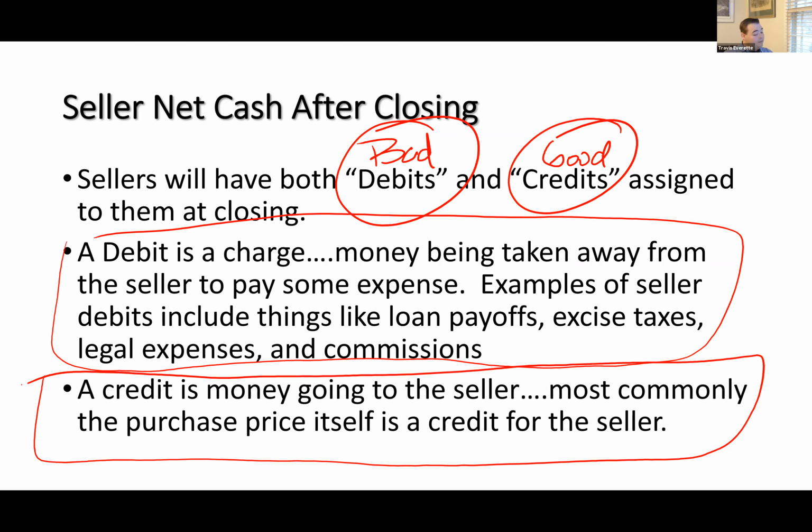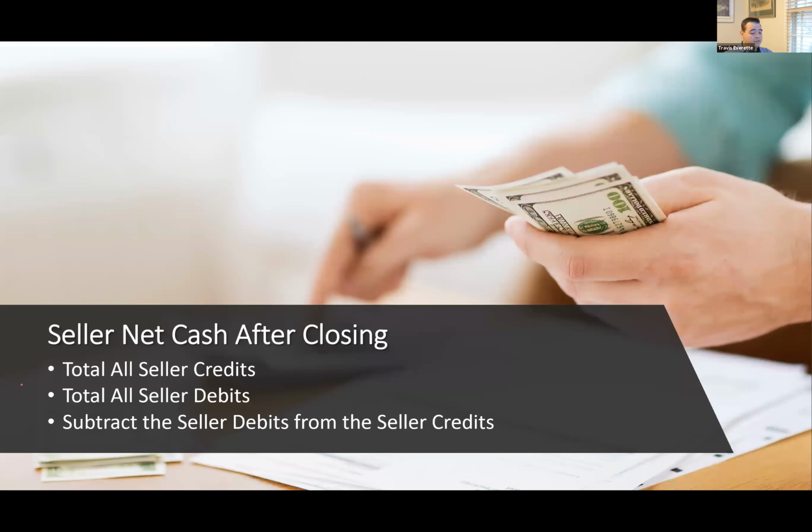And then, once you have a total of your debits and a total of your credits, we are going to be able to subtract the two, and that is the seller net, or the net cash at closing. That is the number that the seller can expect to see when they walk out of that closing.